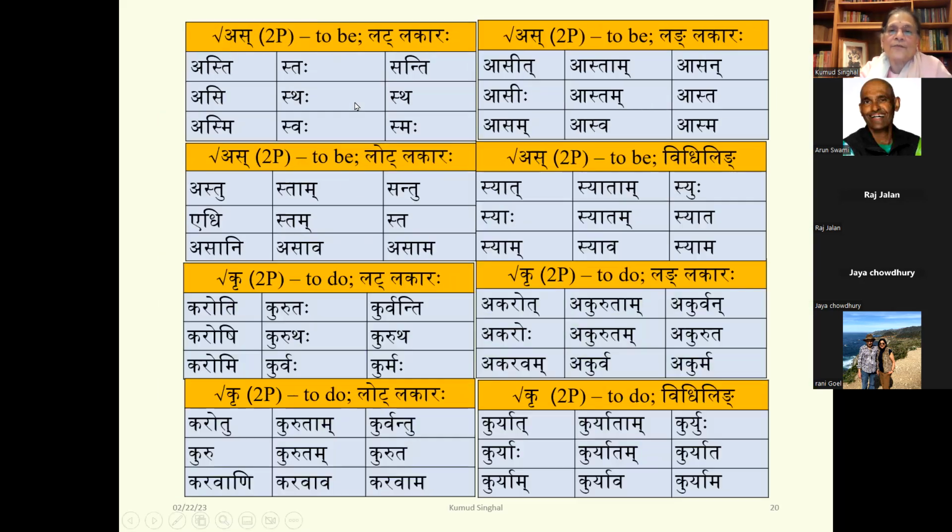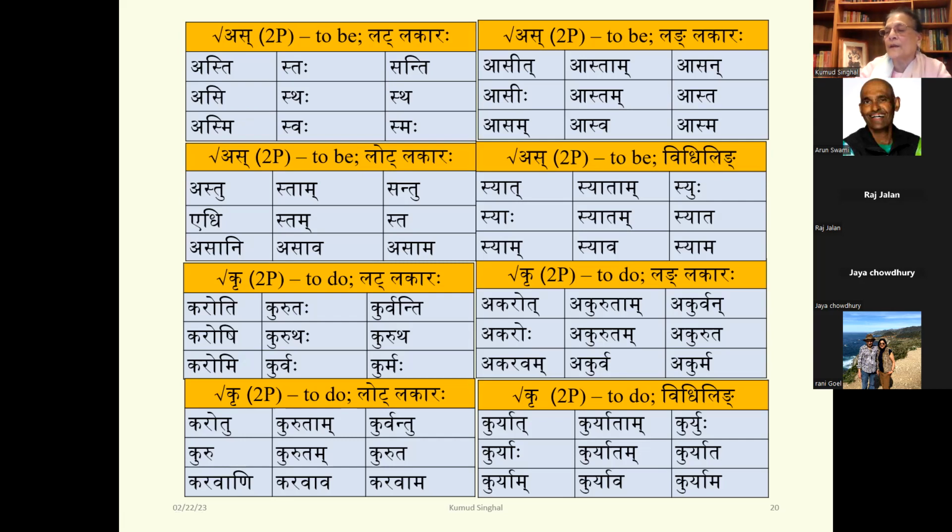This is all I have for this class. There will be 2 more classes on verbs. I think I have 3 more topics to cover in the verbs. One is the upasargas.